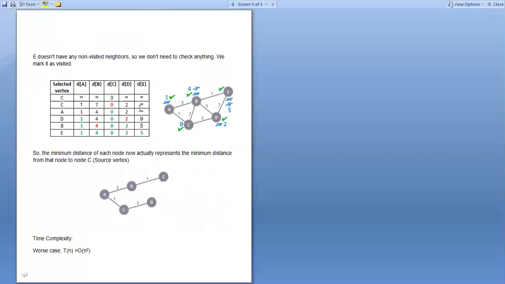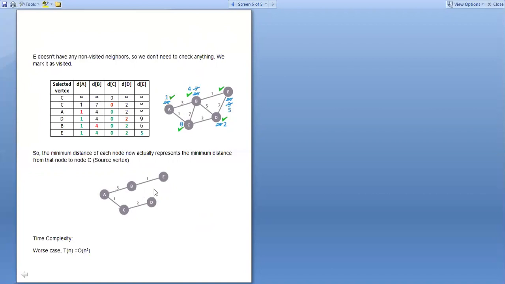So B is visited, now consider E. In the case of E, all the neighboring vertices are already visited, which means E does not need to relax any other vertex. So we get the result: the distance of A is 1, of B is 4, of D is 2, and of E is 5 from the source vertex C. After calculating all these distances, we get this type of graph.